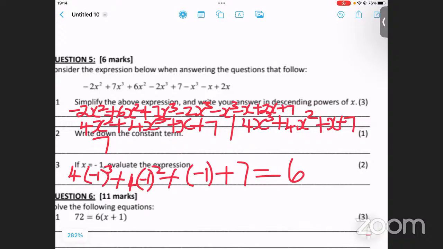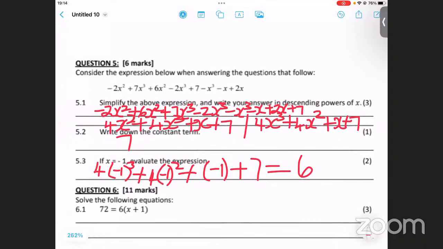Got 6. Do you have somebody who has a different answer? Anybody who didn't get a 6? Zira, did you also get a 6? Yes, ma'am. Okay, cool, perfect. Babalelo, did you get a 6? Yes, ma'am. Right, cool. Now we're gonna move to question 6.